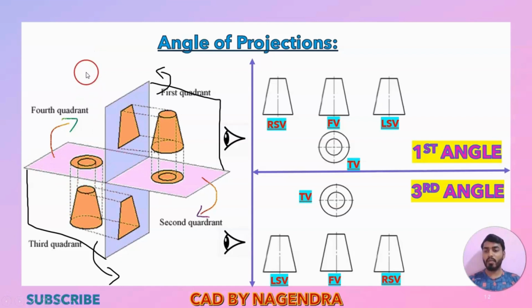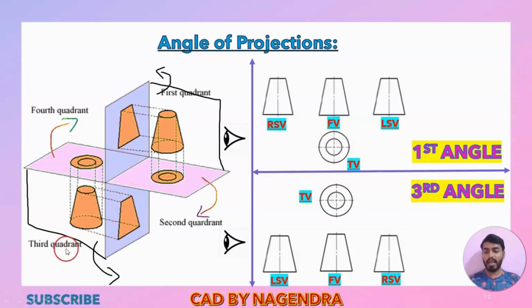Whatever shape we see from top will be represented on this horizontal plane. Then assume one more plane here at the side and we are looking from this side. Whatever shape we have here will be projected on this right side plane only. And if we have one more plane on that side, the same we will get on that plane.